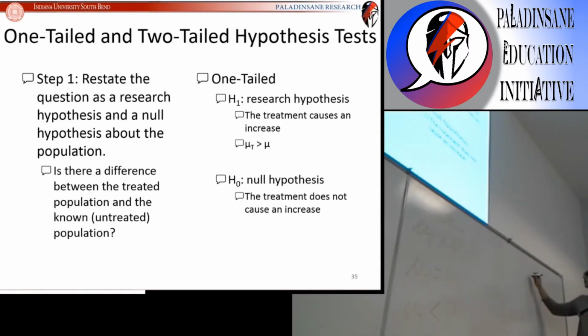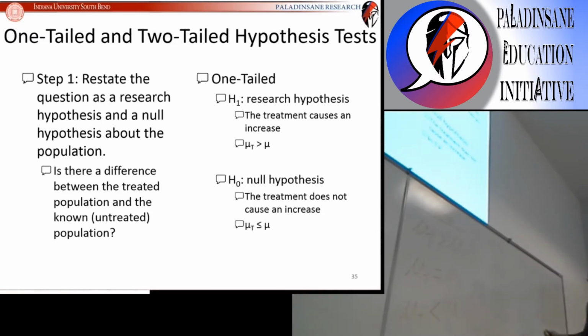So that is your research hypothesis for a one-tailed test. Your research hypothesis covers that increase possibility. Because of that, your null hypothesis has to cover everything else. So the null hypothesis, the treatment does not cause an increase, is the complete opposite of this, and that is the less than or equal, because it has to cover the less than.